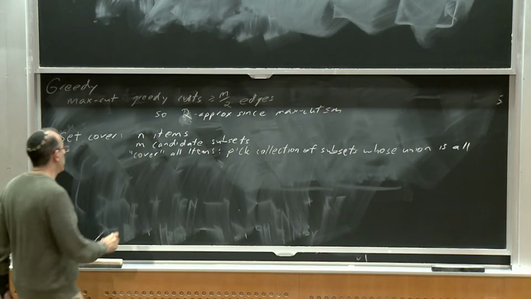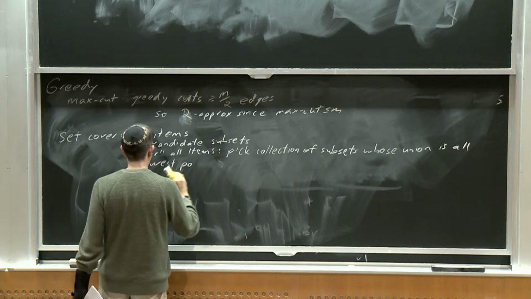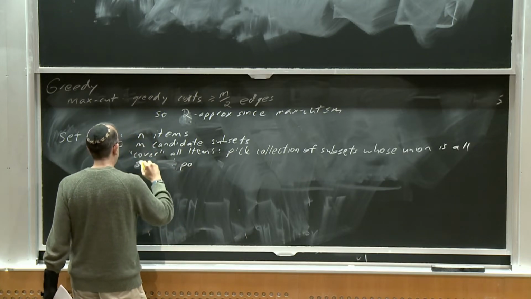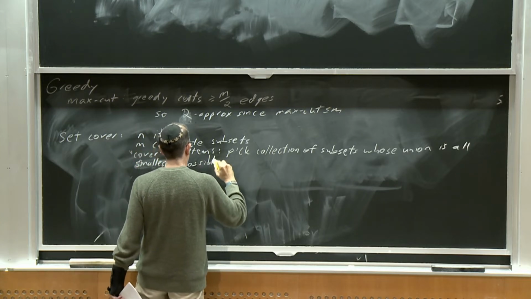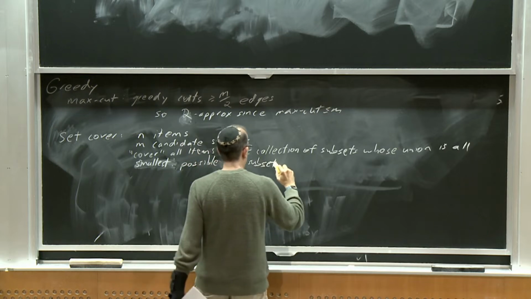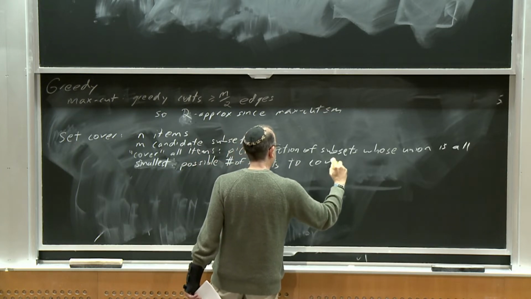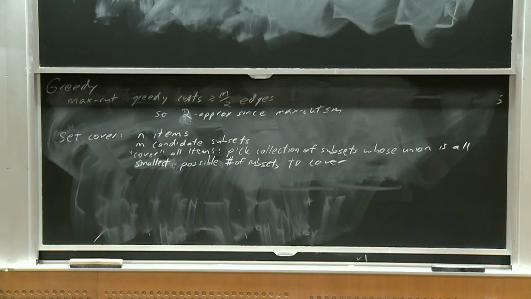And your goal is to use the fewest possible, or the smallest possible number of subsets, to cover everything. Okay? So that's the problem. And it is NP complete via standard reductions. Okay, so exact solutions are out of reach.